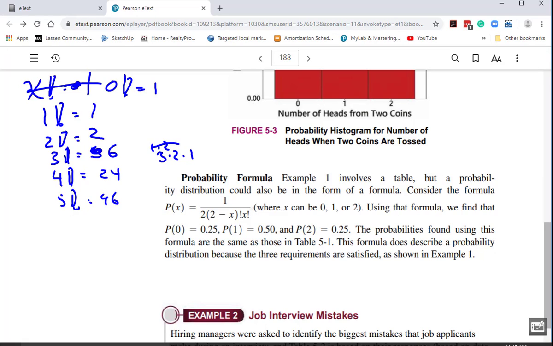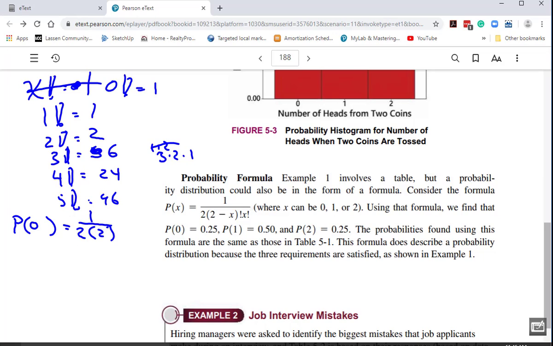You see what happens? Going back over to this, they're calling this a probability distribution. Let's see if it works. What happens if the random variable shoots out a 0? So now the little x took on a value of 0. So that would have been 1 over 2 times, and 2 minus 0 is 2, correct?